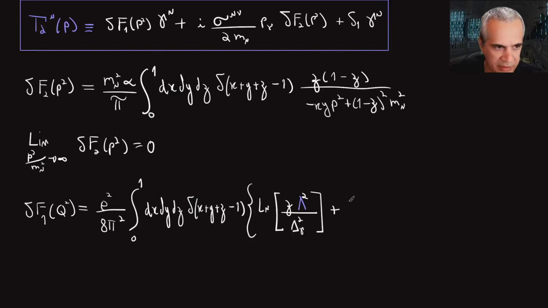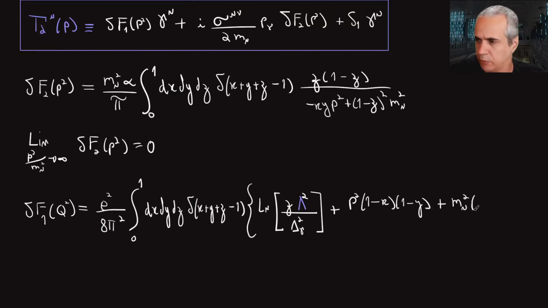And I also have this other piece here. Let me just write it: (1 minus x)(1 minus y), plus m mu squared (1 minus 4z plus z squared). This part is very similar to what we obtained in dimensional regularization.